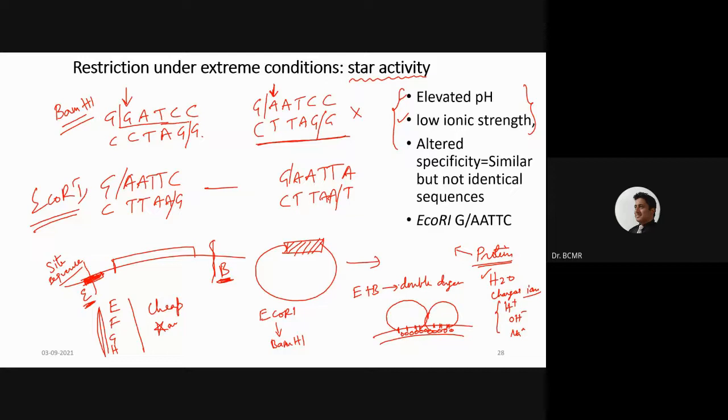That means the restriction endonucleases interact with the phosphate backbone, but they also interact with the bases. That's why they are sequence specific. But if we have alterations in these ions, the interactions between the restriction endonucleases and the bases could be altered. That is how we should think of it.